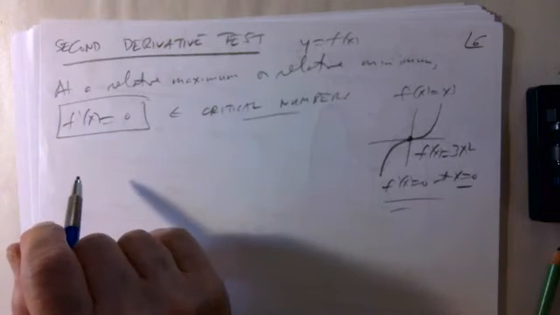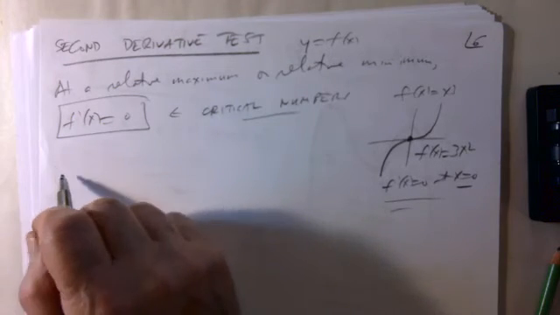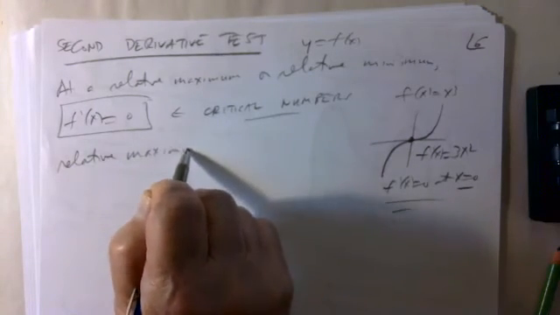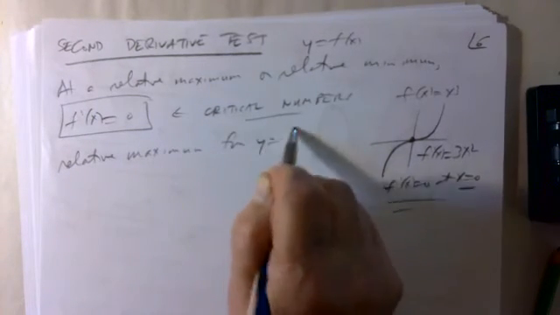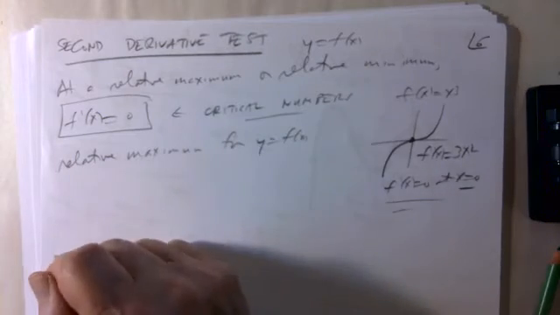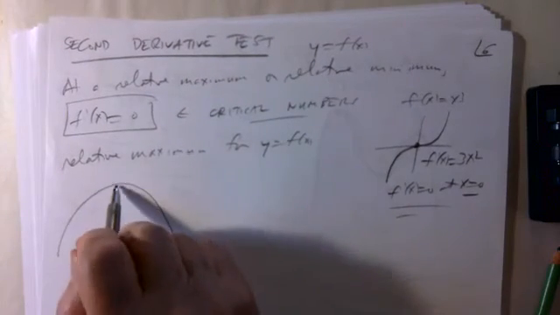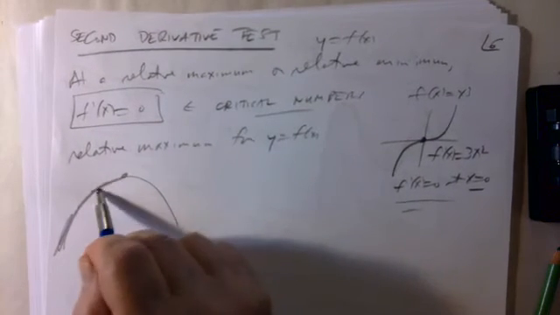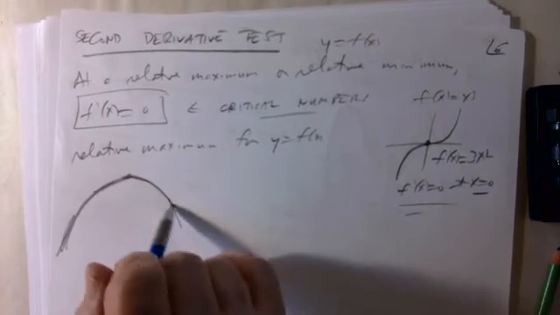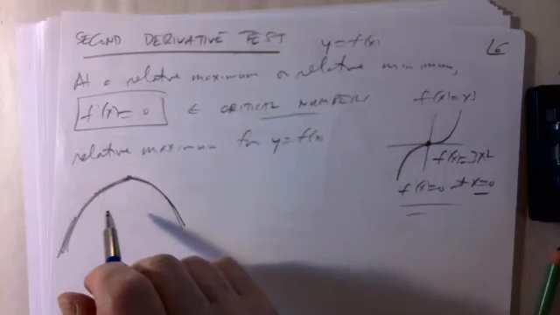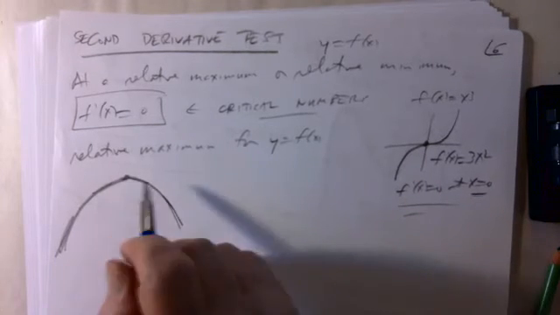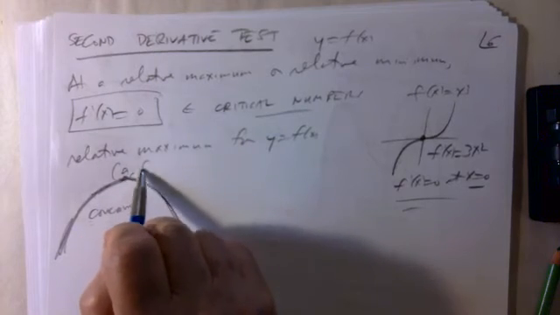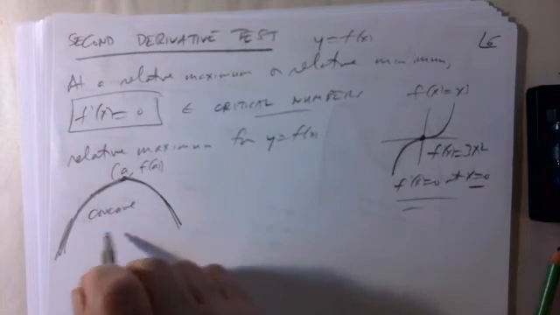So let's look at a picture and we'll see exactly what's going on. Suppose you have a relative maximum for y equals f of x. That's what a relative maximum looks like. In the neighborhood of the relative maximum, let's say this is a relative max at the point a comma f of a.